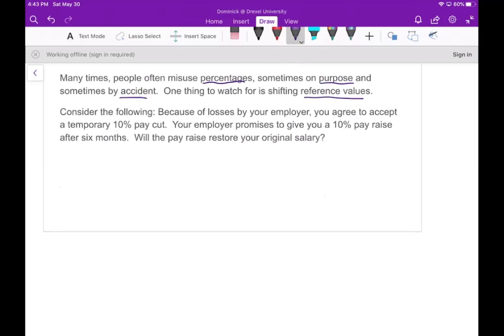Because of losses by your employer, you agree to take a temporary 10% pay cut, right? So you're going to take a 10% pay cut. Now in 6 months, your boss is going to promise you that you're going to get a 10% raise after 6 months.